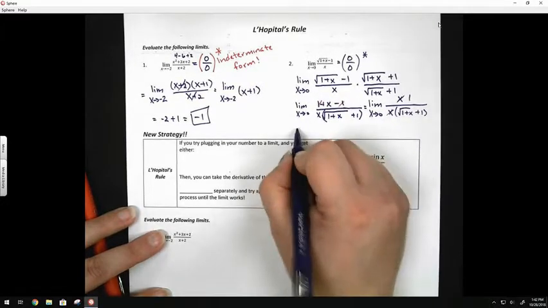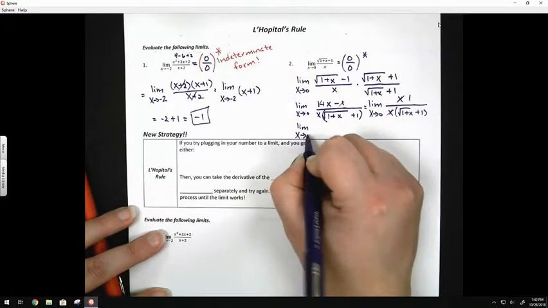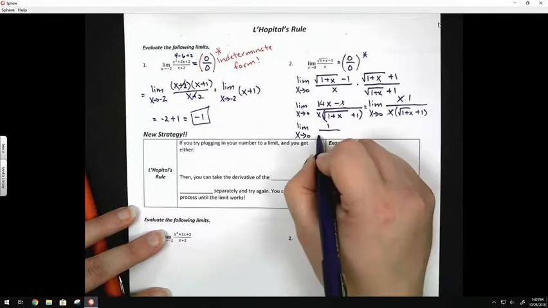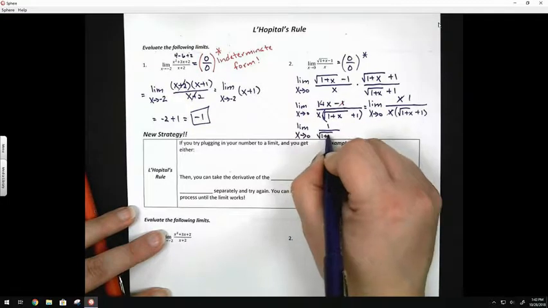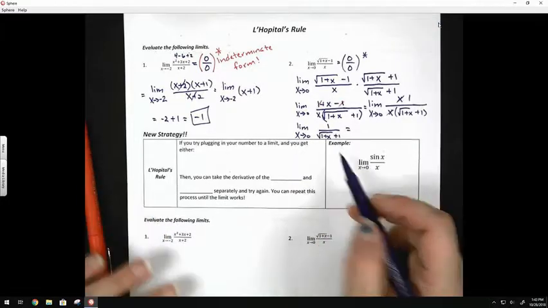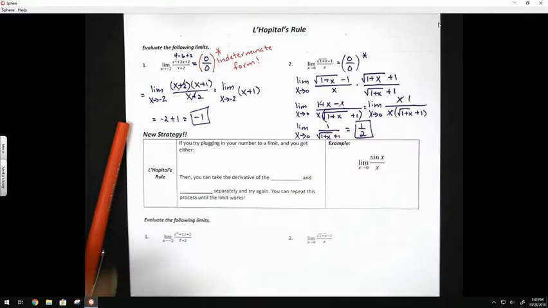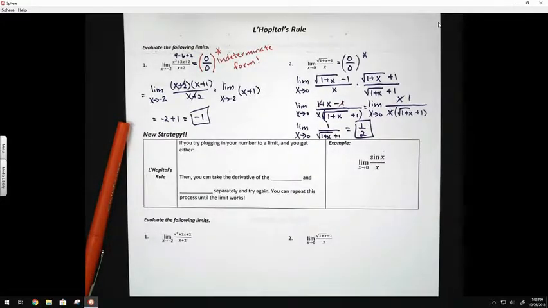So now we have the limit as x approaches 0 of 1 over the square root of 1 plus x, plus 1. And now if we substitute the 0 in there, we actually get 1 over 2. We get 1/2. Okay? But multiplying by a conjugate can get messy and get annoying.